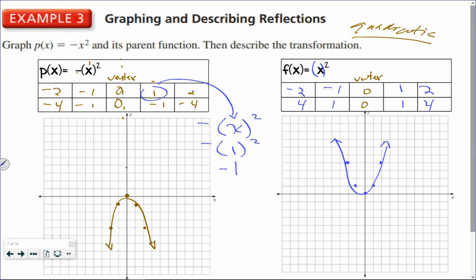If I do the same thing with the 2, what's 2 squared? 4, and then that's the negative. That's where I got the negative 4. Haley, you good? Okay, perfect.